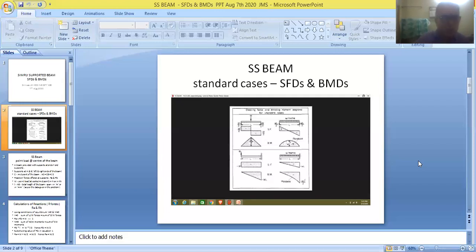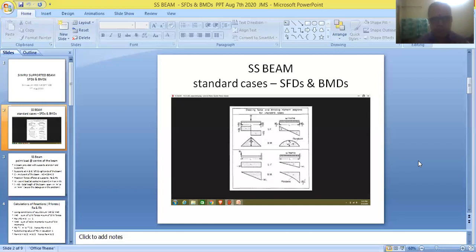The reaction force at point A is denoted by RA, and the reaction offered at point B is called RB. So RA and RB are referred to as reaction forces offered by the end supports of the beam.